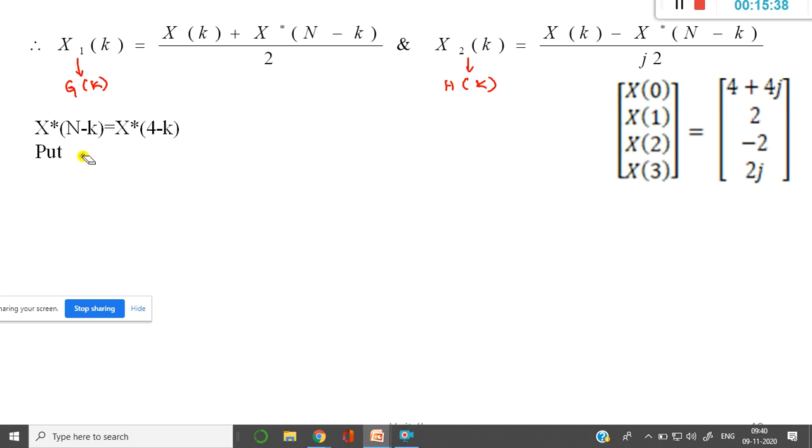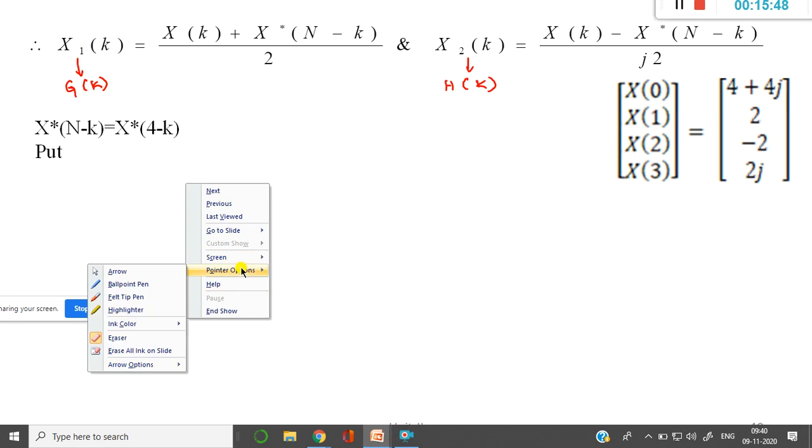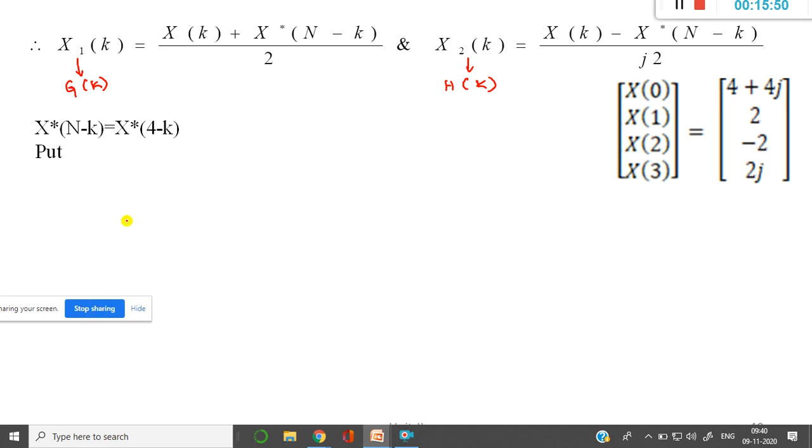How do you obtain it? In this case, the N value is 4, so we put N equal to 4 in X of N minus k. Now just go on substituting the value of k, starting with k equal to 0.